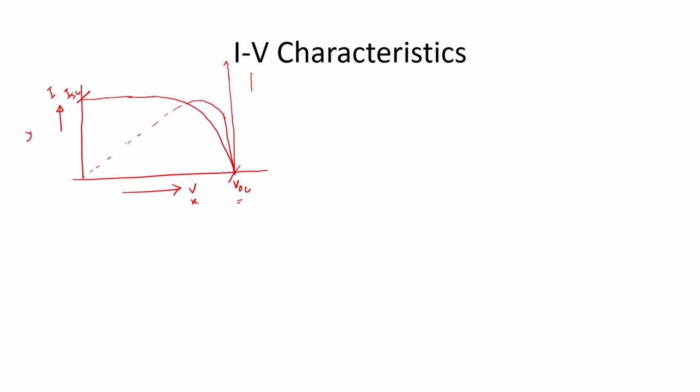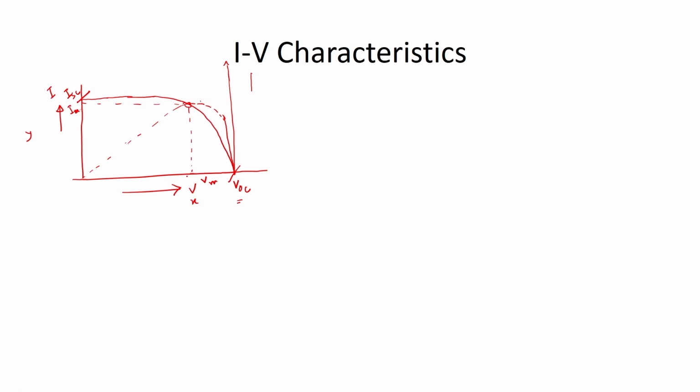This point is Vm and this is Im. The closeness of the characteristics curve to a rectangular shape is a measure of the quality of the cell.